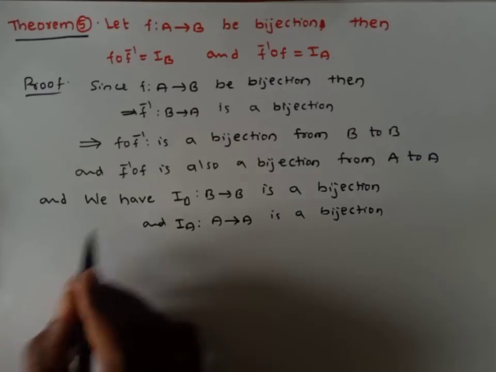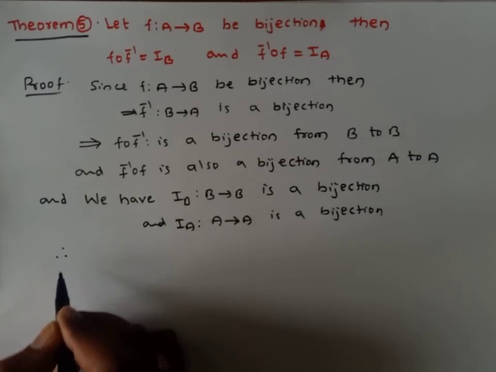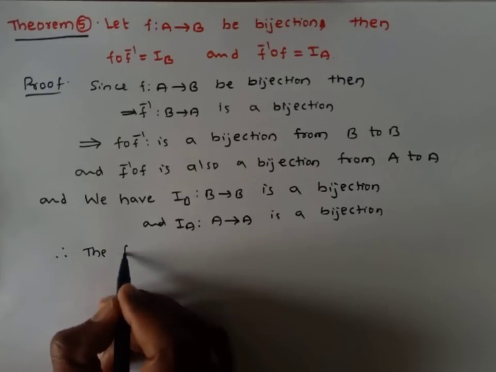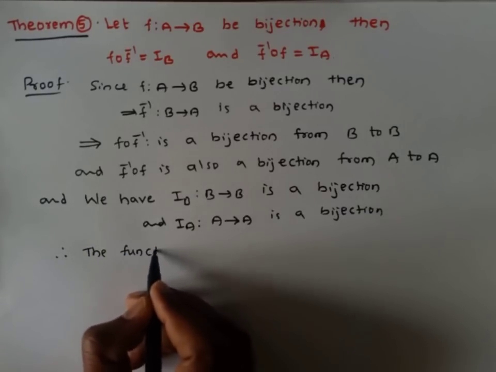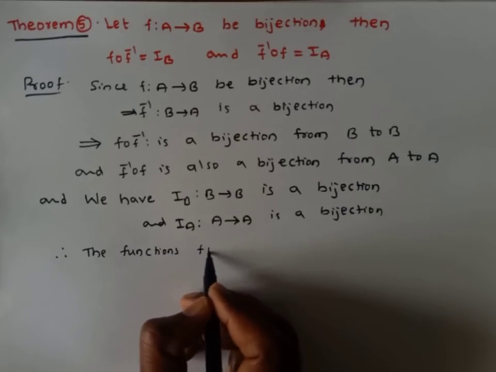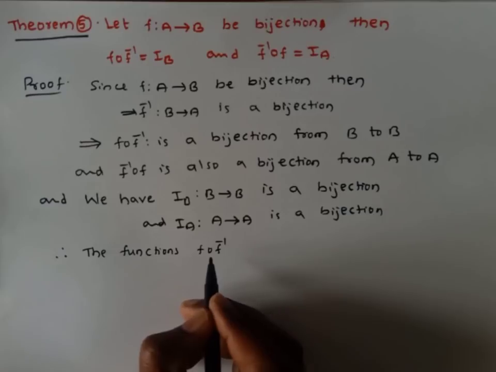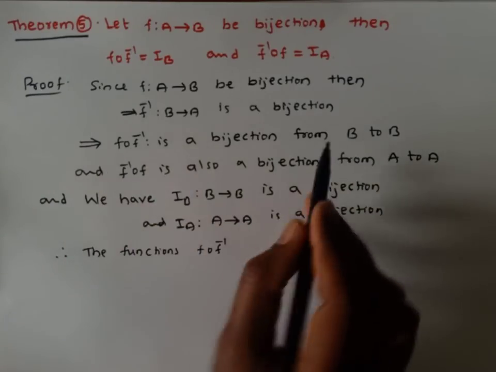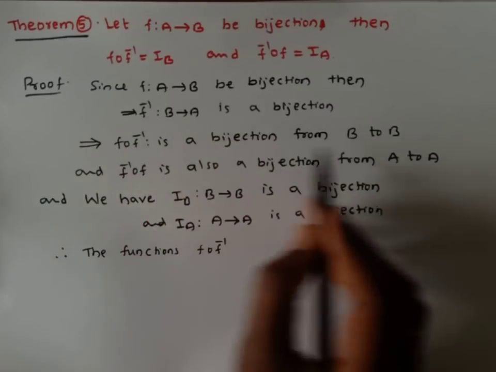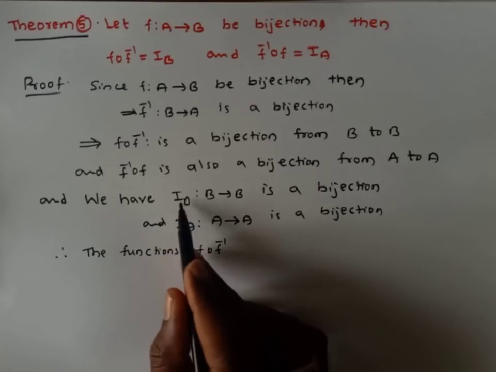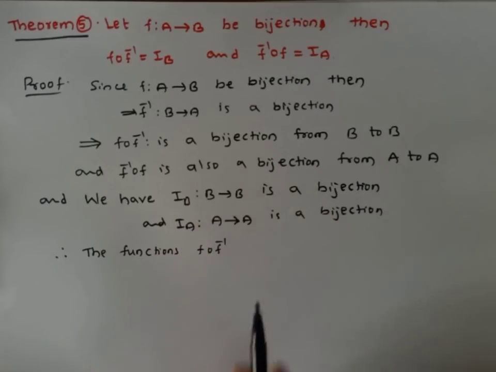Okay, now by using the above data, what we can observe is that the function f compose f inverse means it is from B to B, so the domain of this function is B. And here is one more function, IB, from B to B, so the domain of this function IB is B, right?